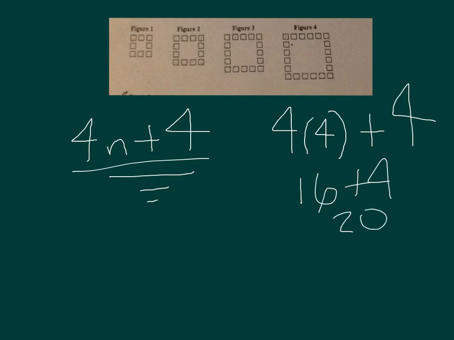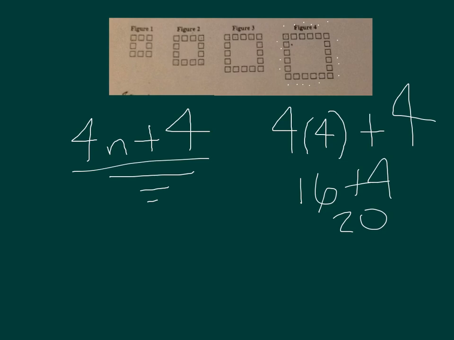If we go back a few slides, we will remember that we had already counted these, and we have 1, 2, 3, 4, 5, 6, 7, 8, 9, 10, 11, 12, 13, 14, 15, 16, 17, 18, 19, and 20. So we are right? The formula works.